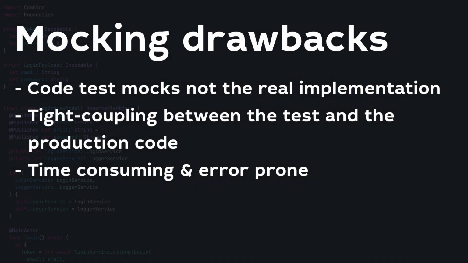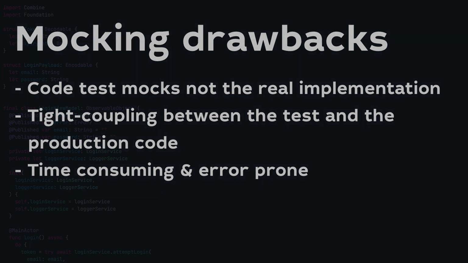So now to summarize, we saw that mocking can be a useful tool in testing, but it can also have some potential drawbacks that you should be aware of. It can make it more difficult to understand the code being tested, harder to test the code thoroughly, and time-consuming and error-prone to create and configure those mock objects.